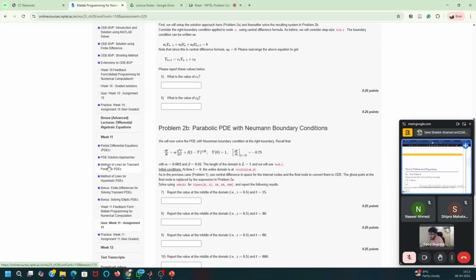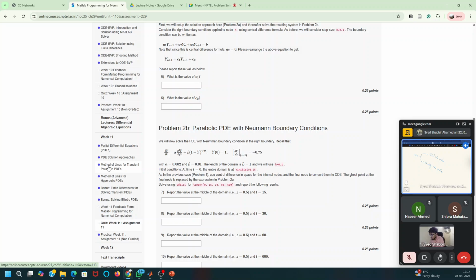In ordinary differential equations, we were dealing with initial value problems and boundary value problems. We saw what can be done to solve these things.